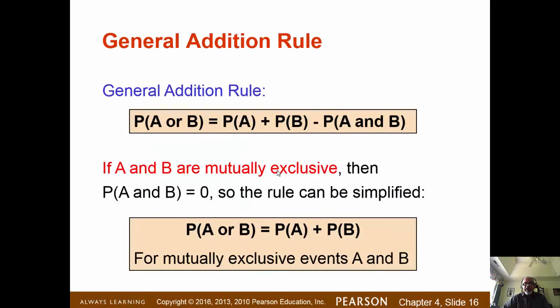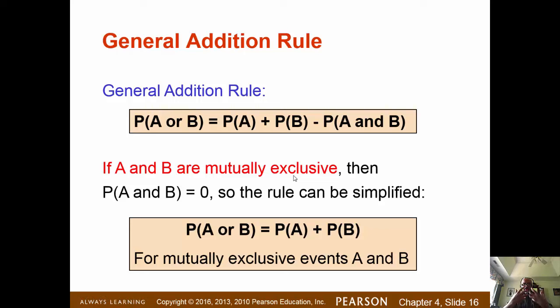That's why the formula is probability of A plus probability of B, and since we are double counting the joint probability, you take it away one time.